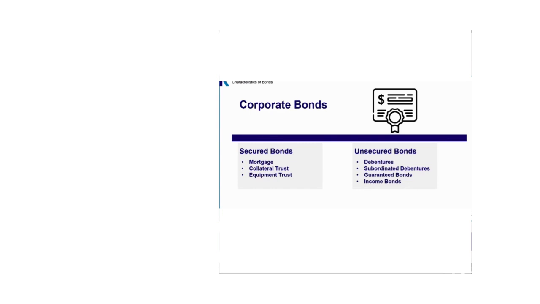Guaranteed bonds are bonds that have a third-party guarantee from someone else, almost like having a cosigner on the loan. If for some reason the issuer can't pay, the third party making the guarantee would be obligated to honor the issuer's commitment to pay. Finally, income bonds are a bit of a misnomer because they aren't a good choice for investors that are seeking predictable income.